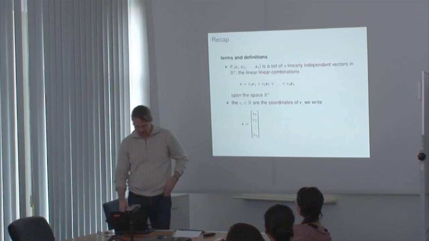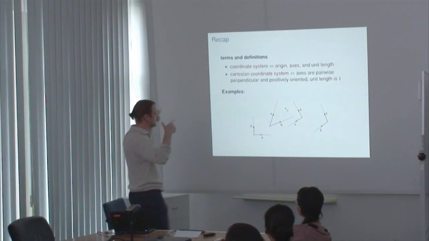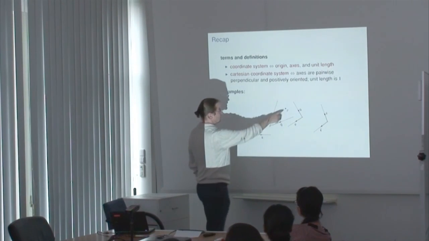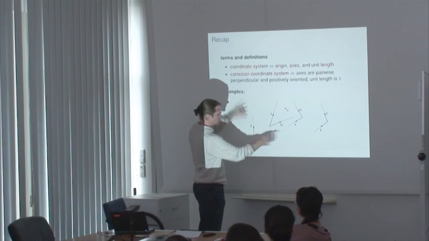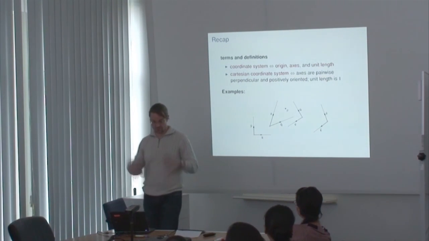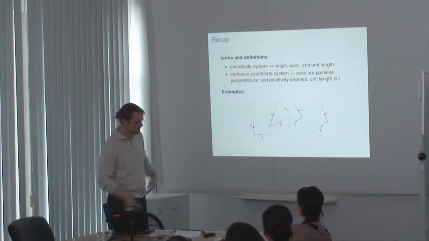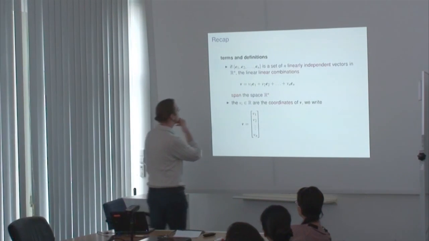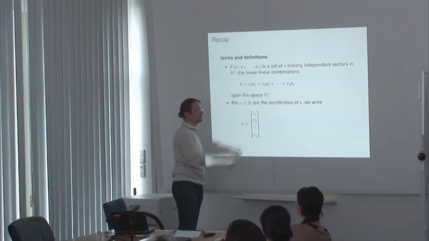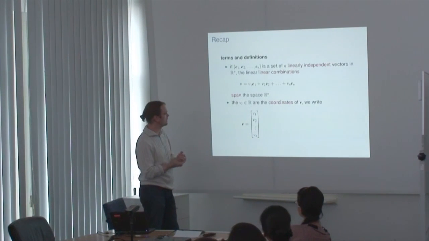But once humankind wrapped their heads around the fact that we can talk about geometric objects in terms of coordinates in coordinate systems, that built a bridge to what we call linear algebra, where we are talking about vectors and linear combinations of vectors.